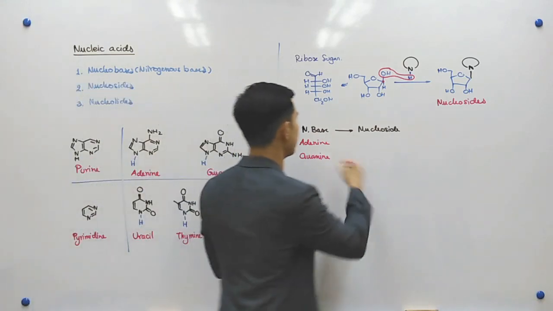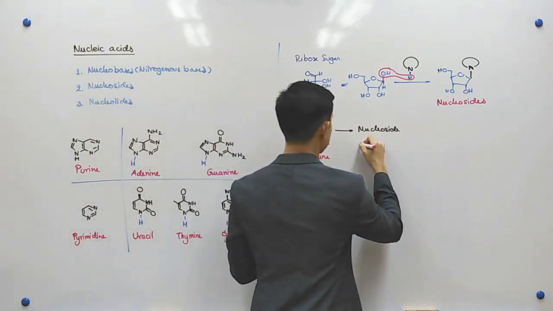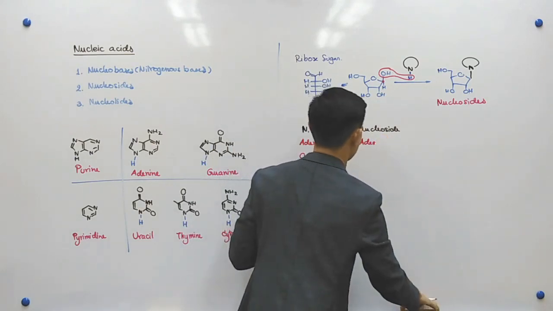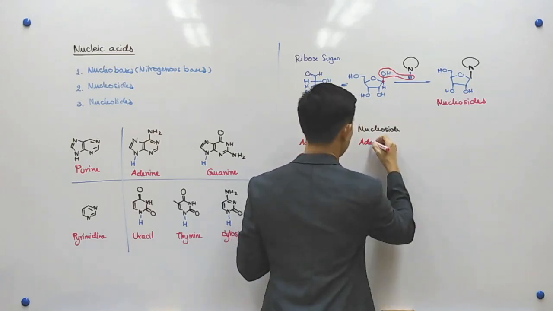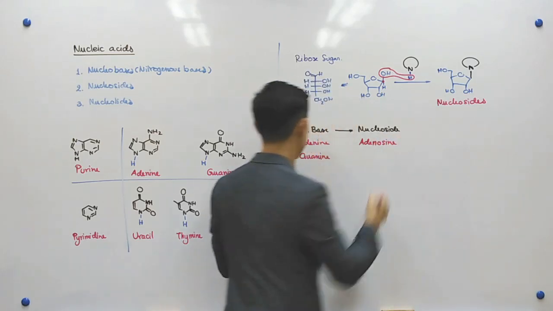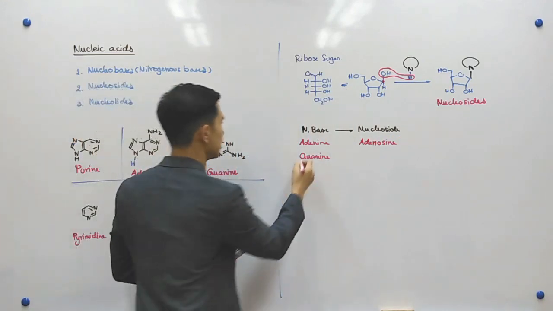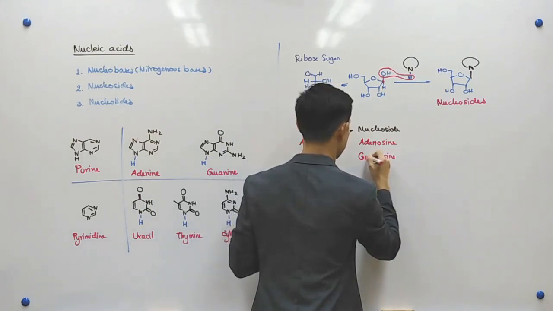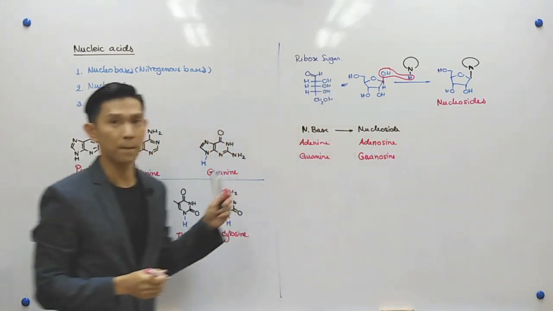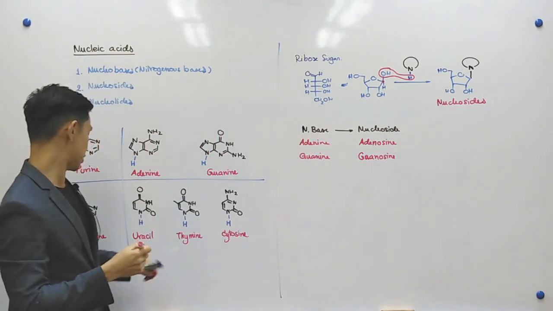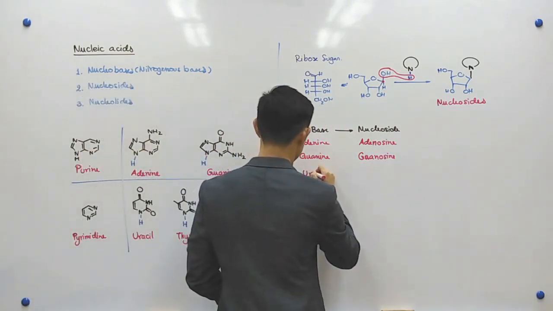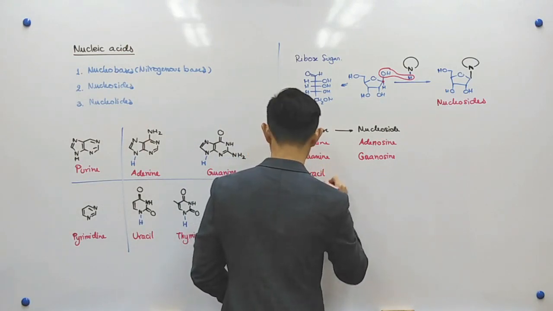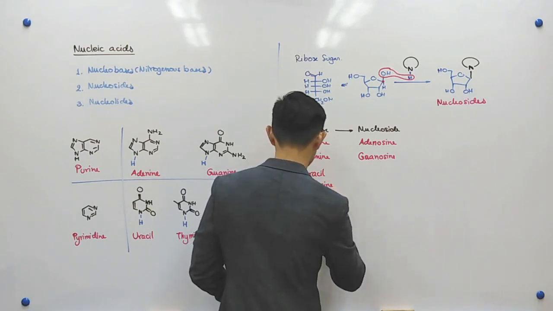So adenine changes its name to adenosine when it becomes a nucleoside. And guanine changes to guanosine. So these are the purine bases. For the pyrimidine bases, you have uracil, thymine, and also cytosine.